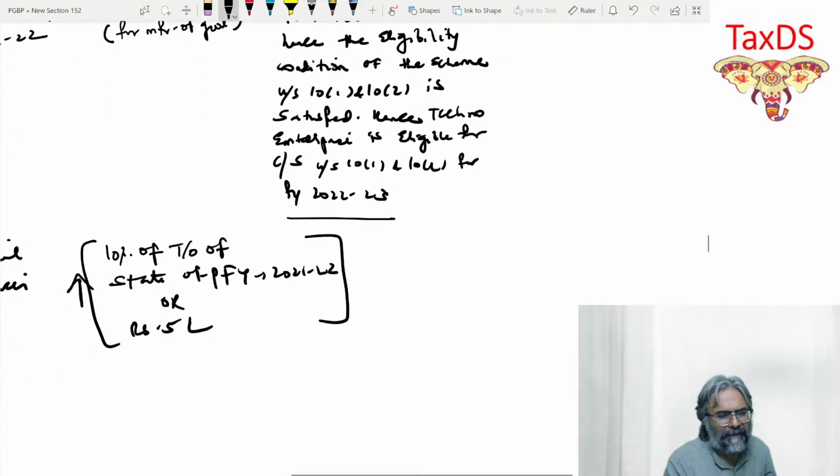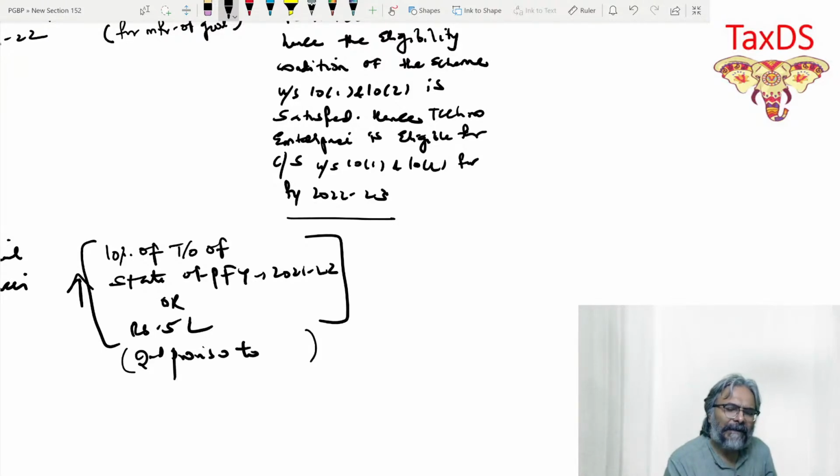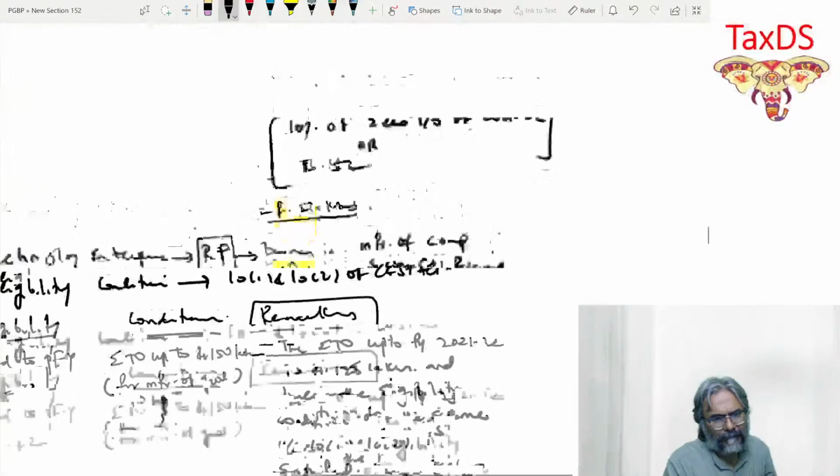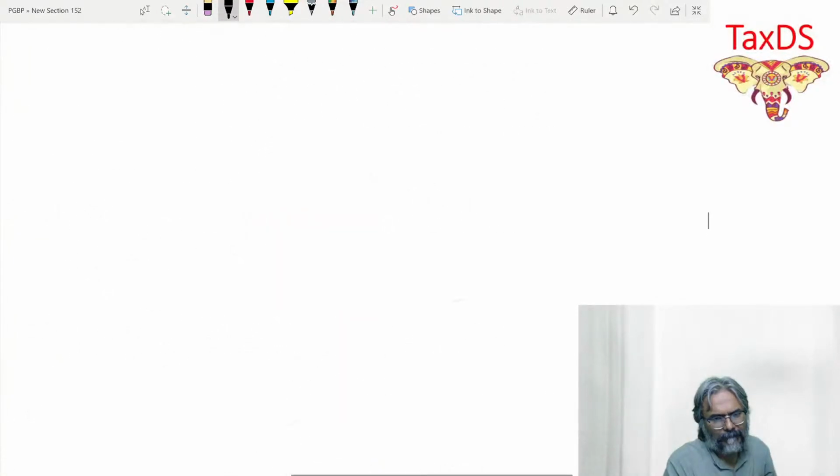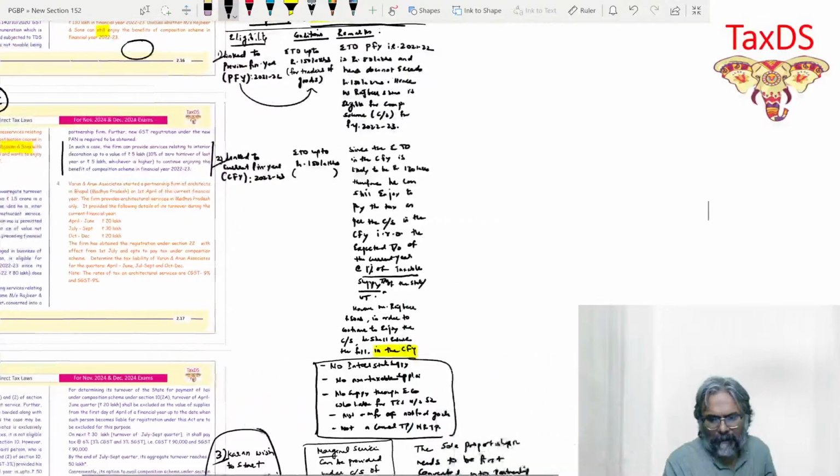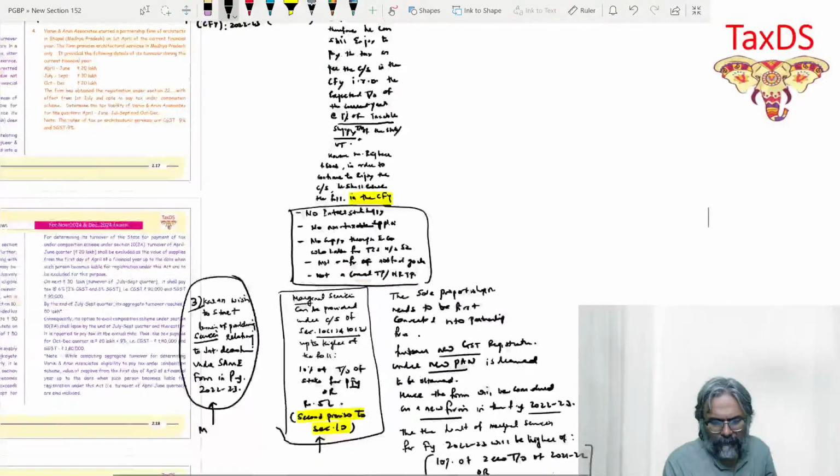Now, where is this written? Didn't I tell you the provision also, students? Which provision? I told you for marginal service, keep writing like this: second proviso to section 10.